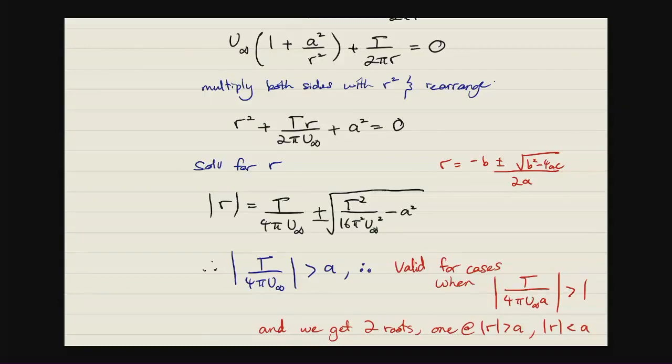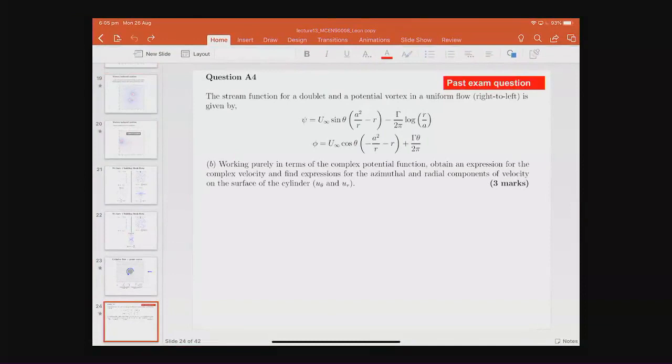So hopefully I showed you that this parameter, gamma divided by 4 pi u infinity a, is an important parameter in determining the location of your stagnation point. Okay, so let's go back to the slides.